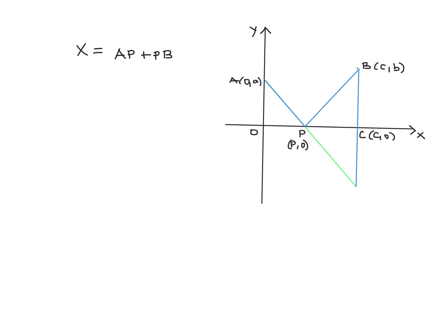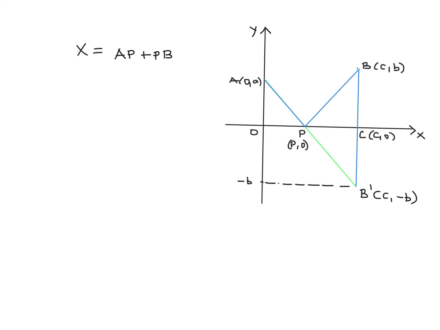So this distance is the same as that distance, like a mirror reflection. So this is my new B prime, and the coordinates would be (C, negative B). So if you were to go across to the y-axis, it would basically be minus B down here. Okay, so let me just draw a dashed line there, just to show you.